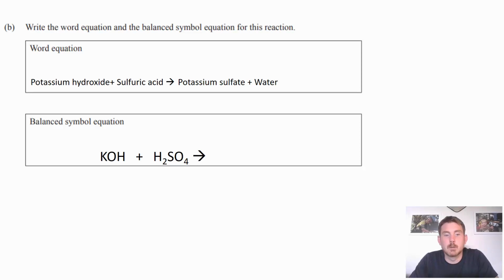So here's the start of the balanced symbol equation. We've got the formulas that we know were given in the question, and we need to work out the formula for potassium sulfate. So we can look at the resource booklet and take the symbol for potassium and its charge, and we know that that's a +1 charge, and the sulfate is a -2 charge.